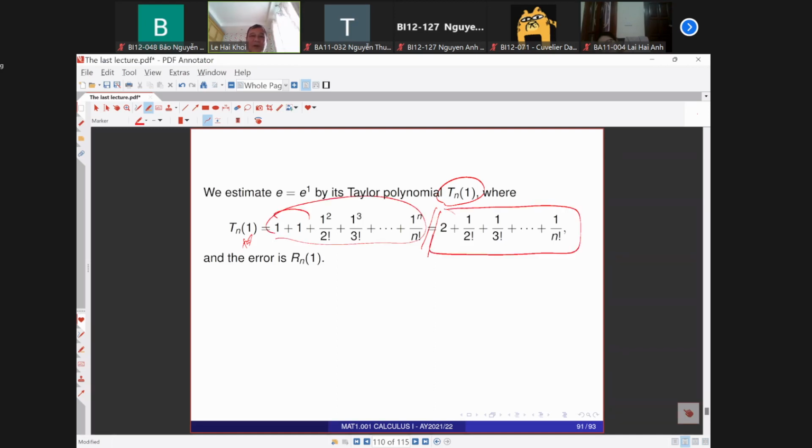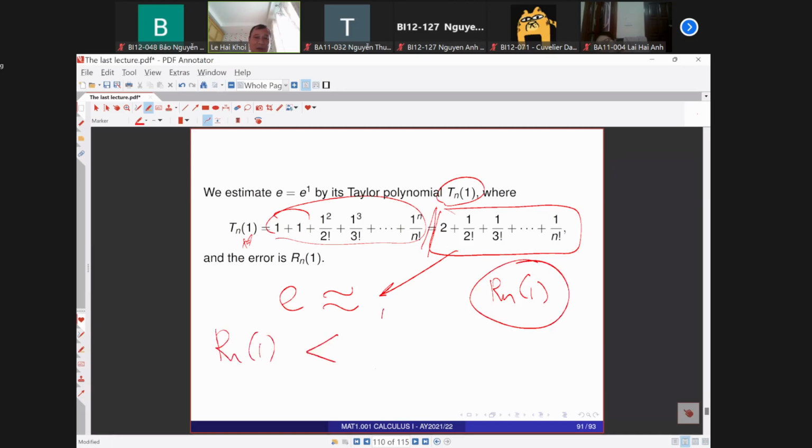You have that one. That is, e is approximated by this one with the error Rn(1). And we need Rn(1) less than 1 over 10 to power 5. How about n? That's the question, right?